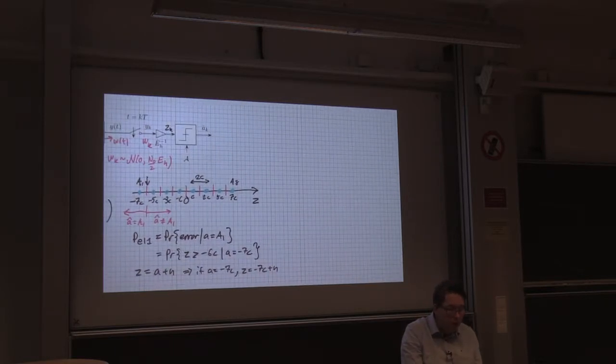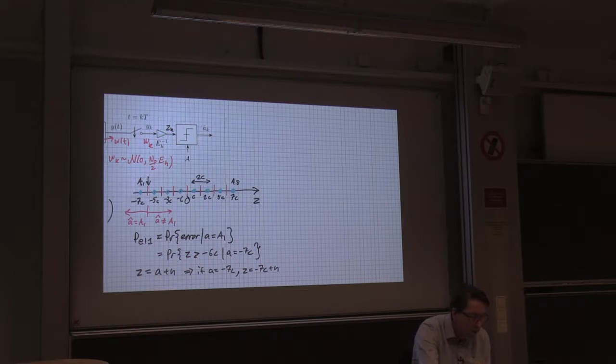So if we continue here, we see that PE1 is then the probability that minus 7C plus N is greater than minus 6C.